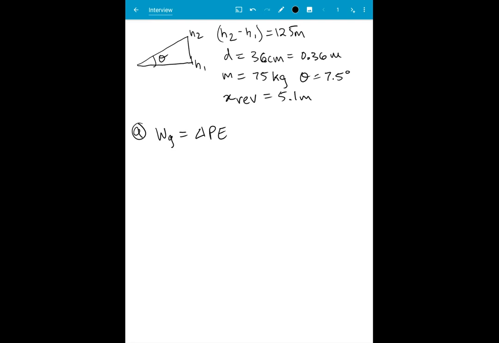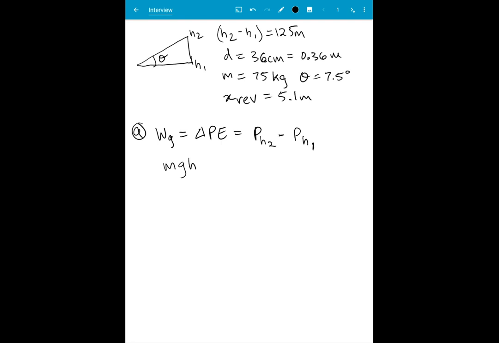Now we know that the change in potential energy is equal to the potential energy at height 2, which I'm going to mark as PE sub H2, minus PE sub H1, right? So the formula for potential energy in this case is going to be mass times the acceleration due to gravity multiplied by the height at that location.